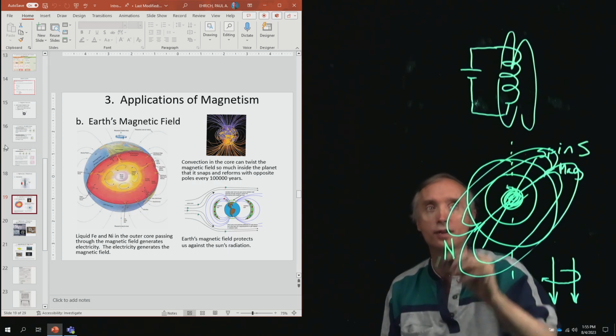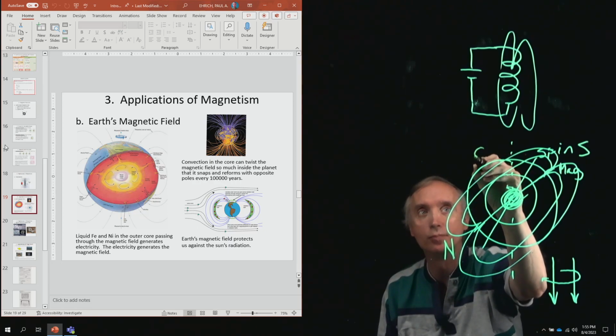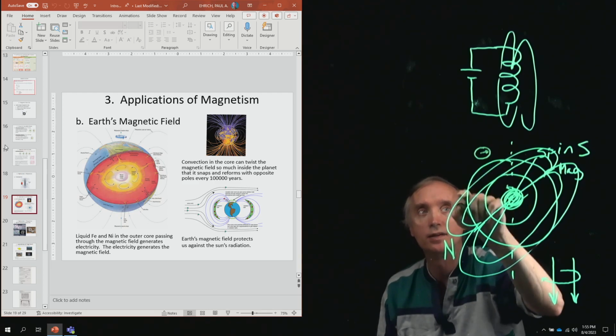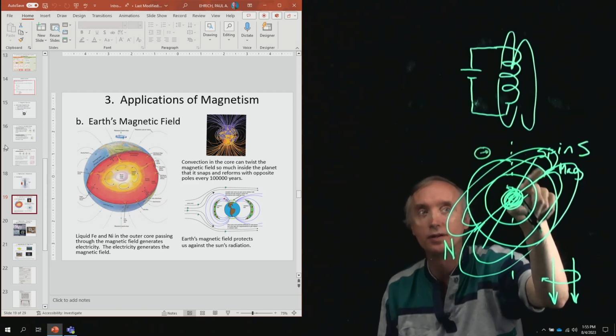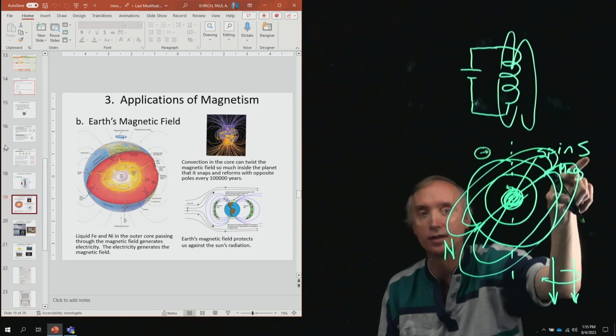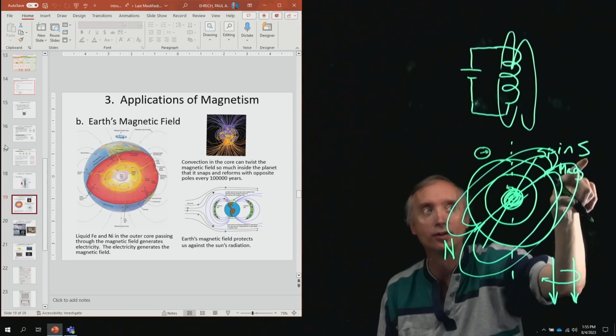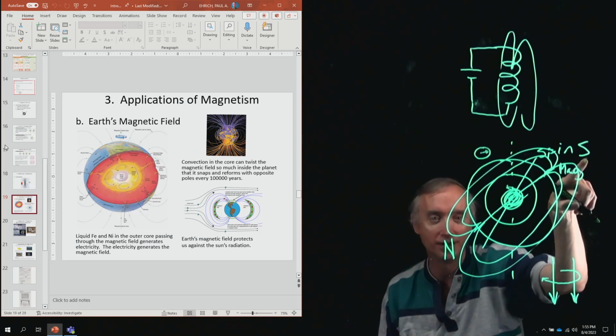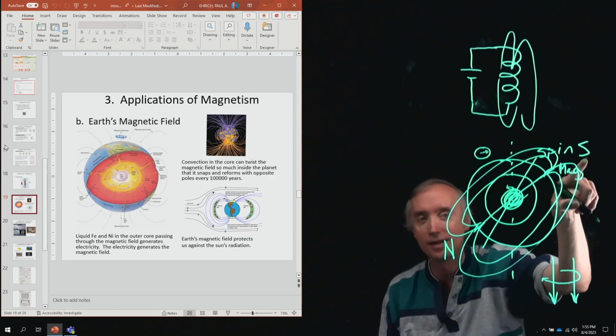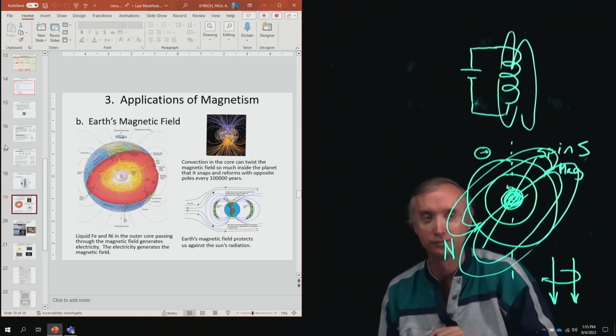And the reason for that is, if you've got a compass, the north end of your compass is pointing north because it's pointing towards the south end of another magnet. So what we normally call the north pole is actually a south magnetic pole, and vice versa.